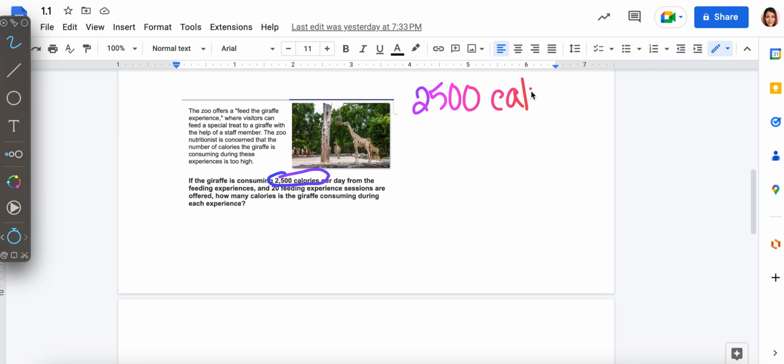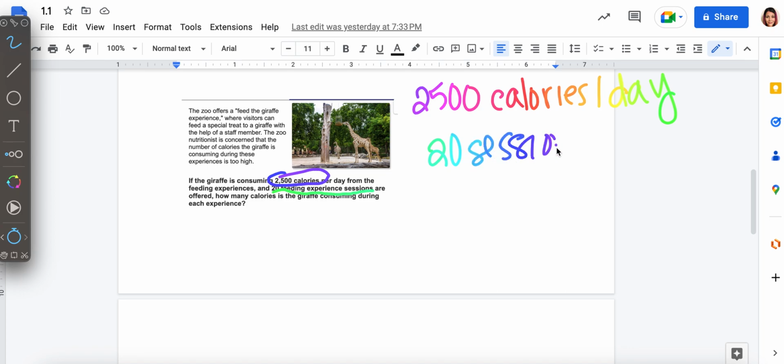2,500 calories per day, it looks like, from the feeding experience and 20 feeding experience sessions. So each day they're consuming 2,500 calories, and that's within all 20 sessions, right? We want to know the calories consumed during each session.